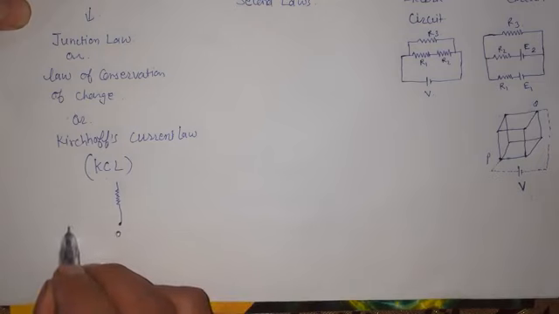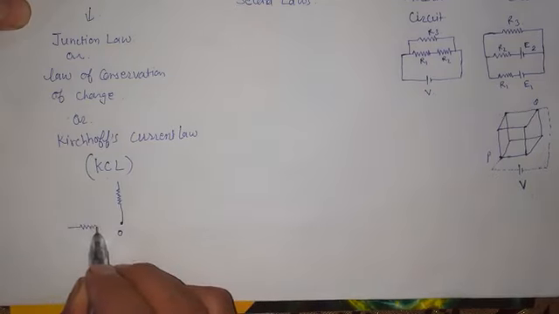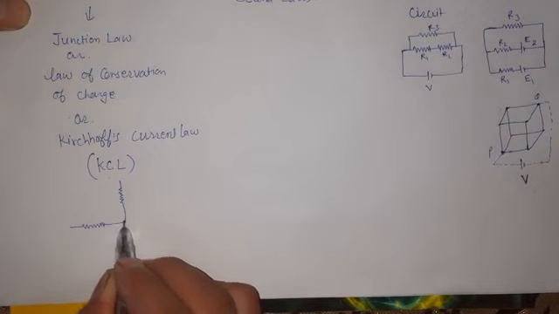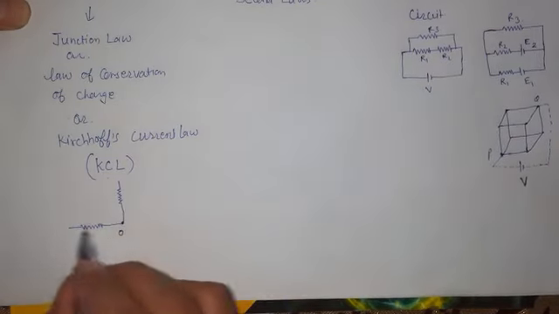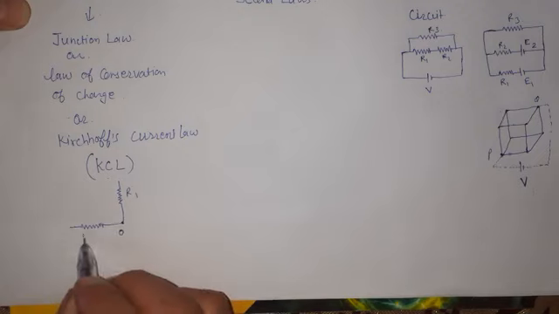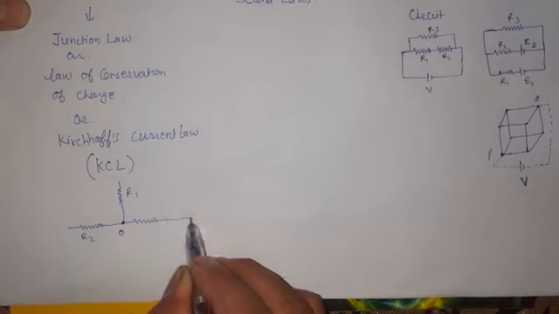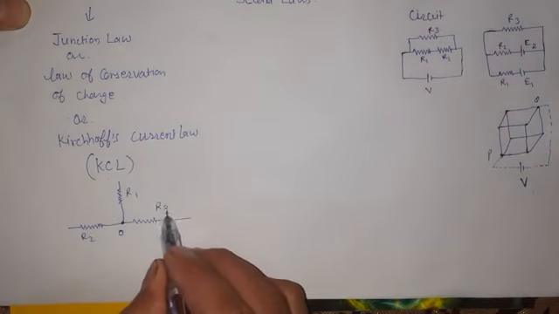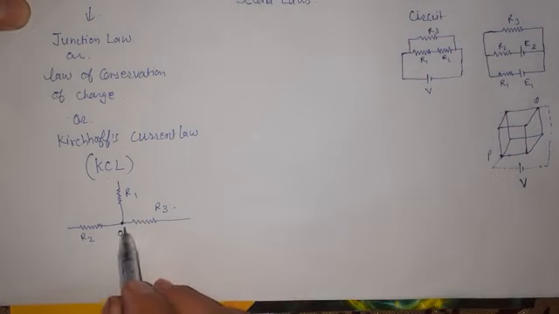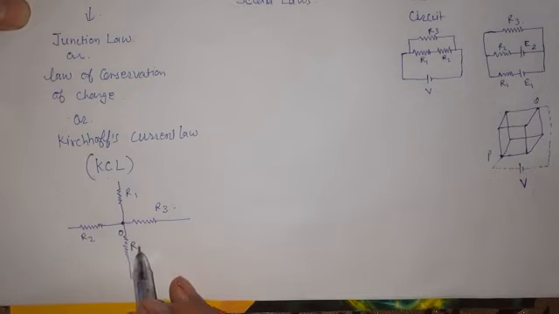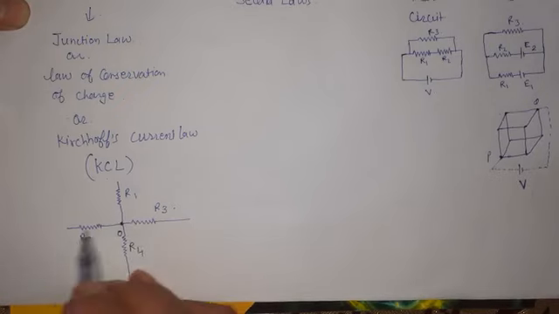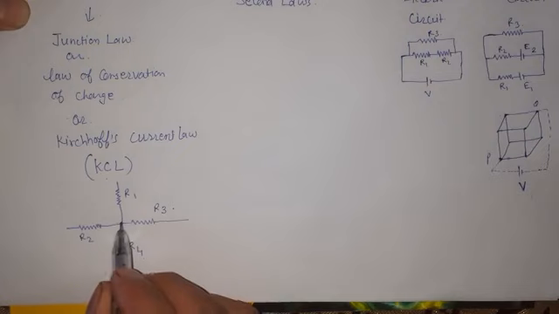Let this point be O, and this is another wire connected here, so it has resistance R1, and this one has resistance R2. Here is another wire connected with point O, let it be R3. And another wire connected with point O, this is R4. So there are many wires connected at this point O.